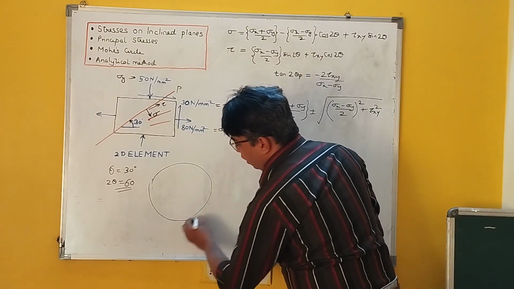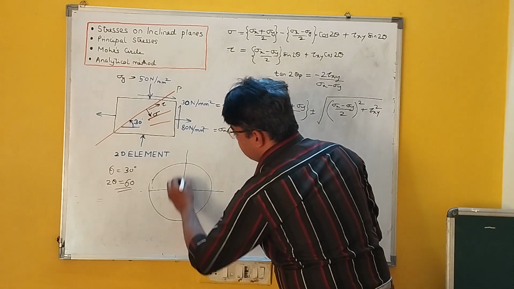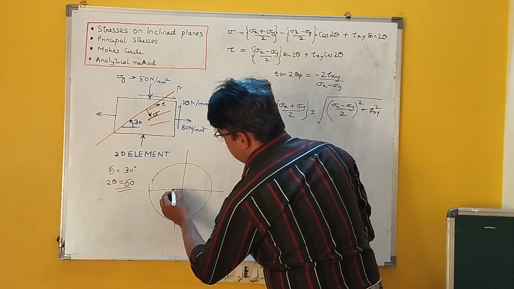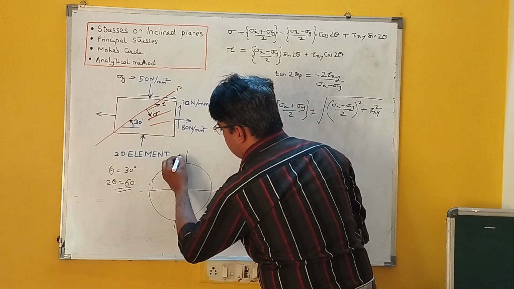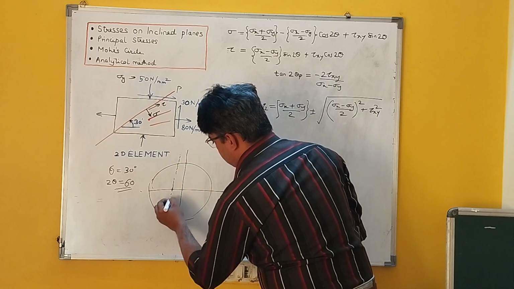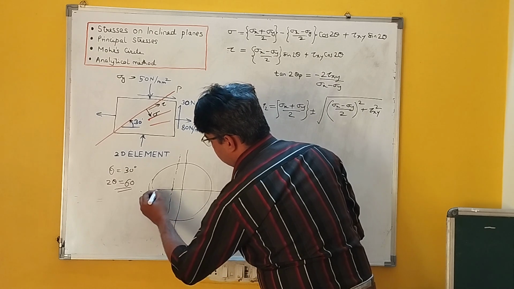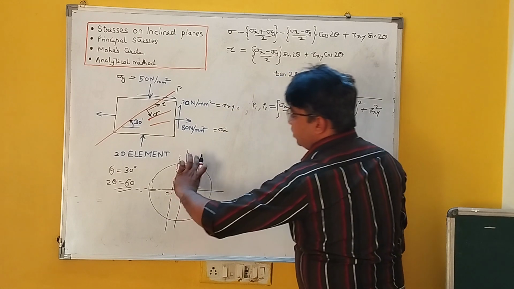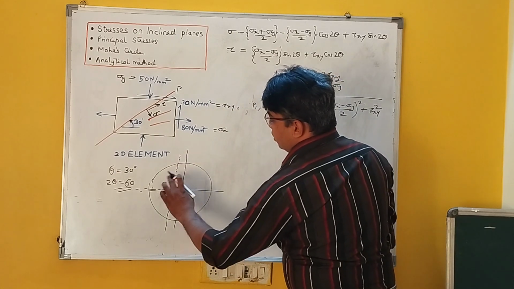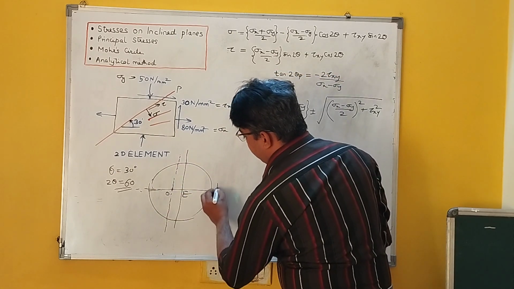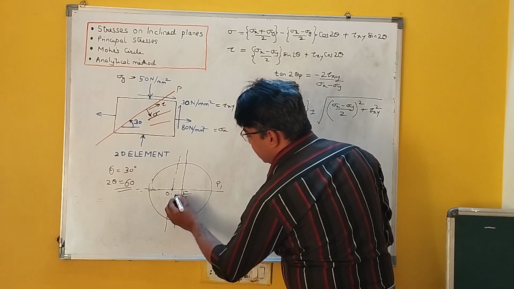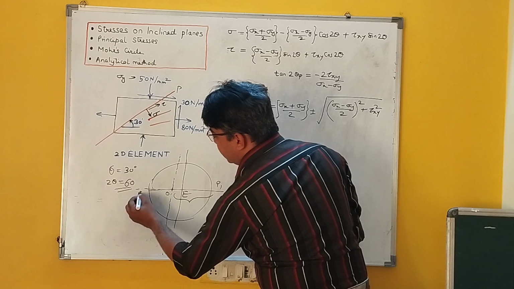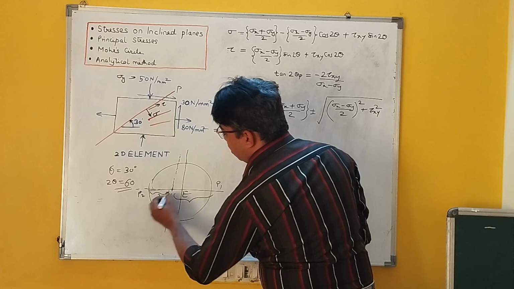So this is the circle, this is the center, and this is O, this is E. So OP1 is principal stress P1 and OP2 is principal stress P2.